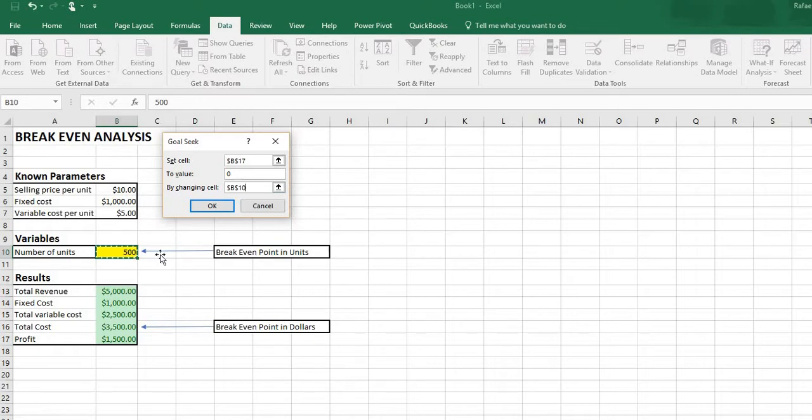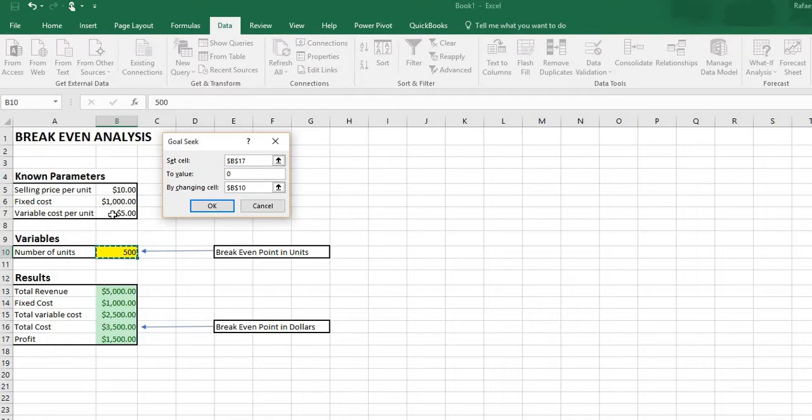you want to set cell B17 to 0 by changing cell B10. That's the cell which is going to tell you how many units you have to sell in order to break even. So in this example, let's say these are the known parameters. Let's say that the selling price, you're going to sell each perfume for $10. The rent you're paying per month is $1,000.